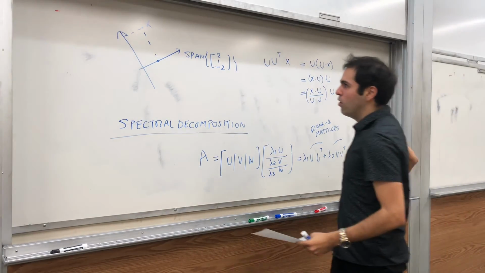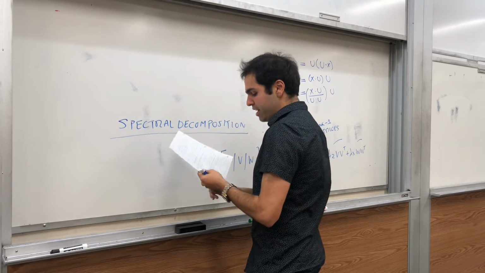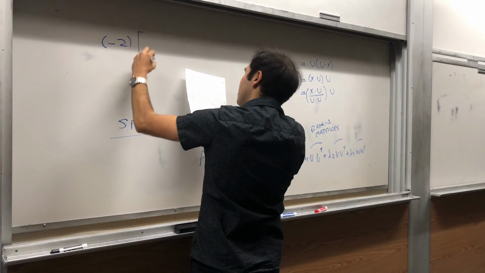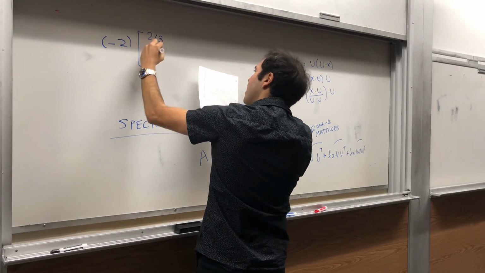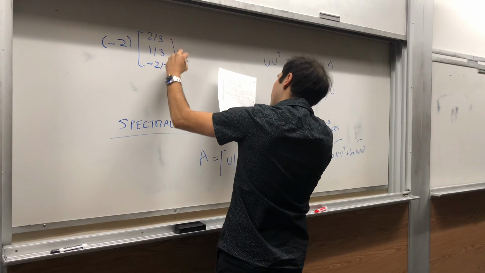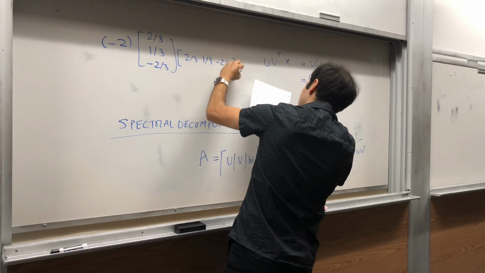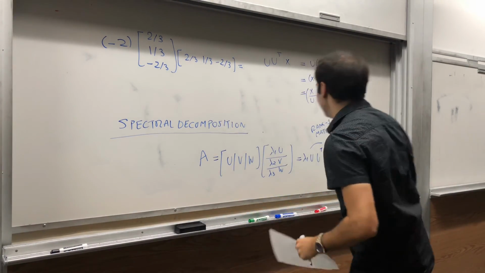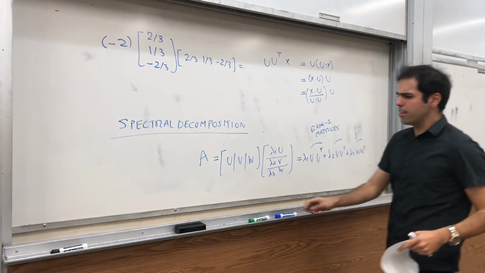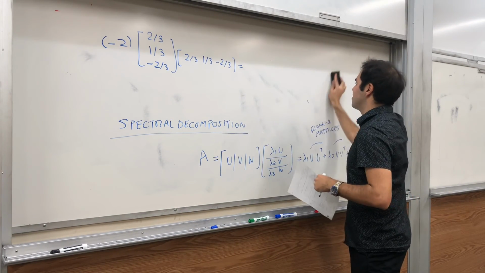So for example, what does one of those projection matrices look like? Well, remember we had this eigenvalue minus 2, and we get the eigenvector (2/3, 1/3, -2/3) times (2/3, 1/3, -2/3) transposed. And if you actually do this, you get a 3 by 3 matrix, but not with lots of info.